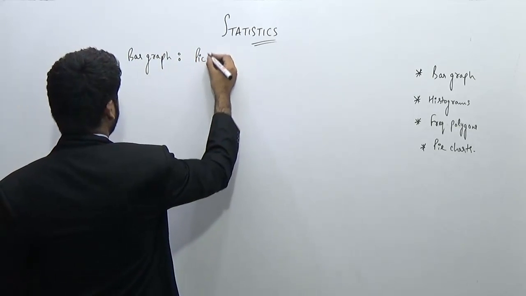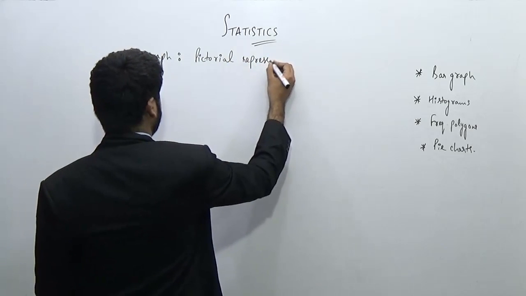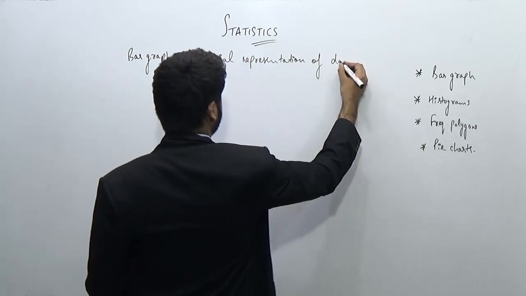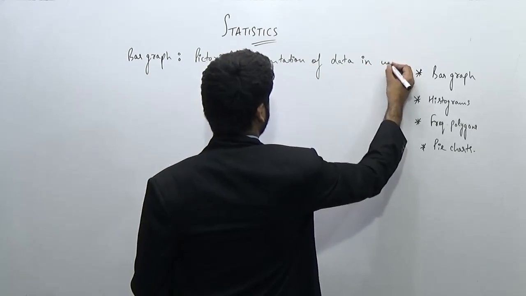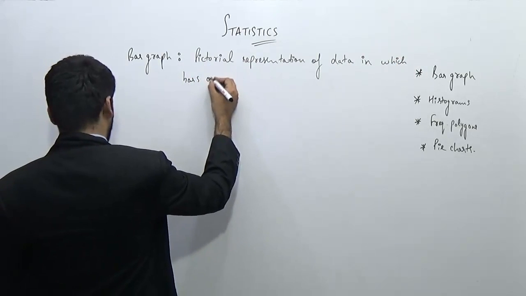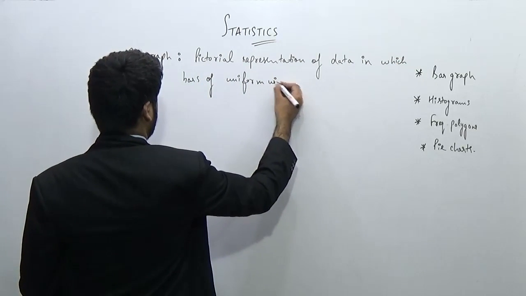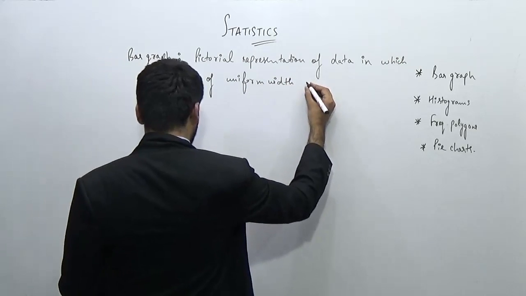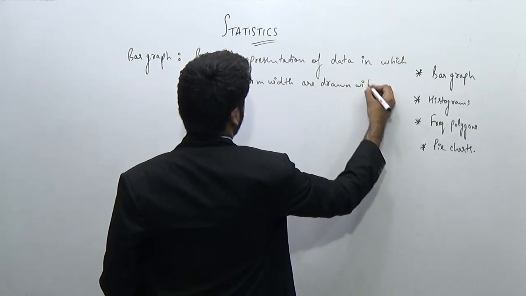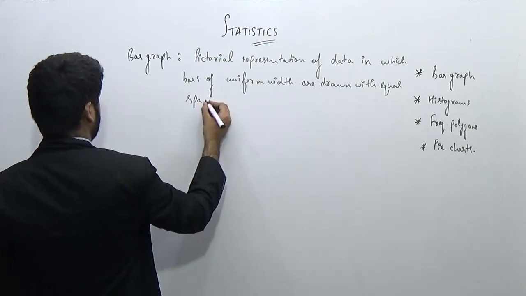It is a pictorial representation of data in which bars of uniform width are drawn with equal spacing. So this is the first type, which is the bar graph.